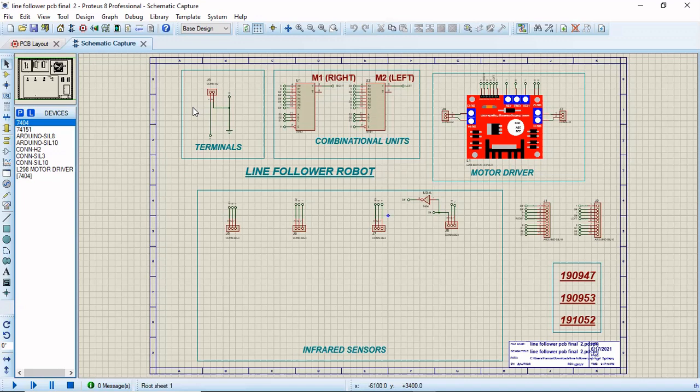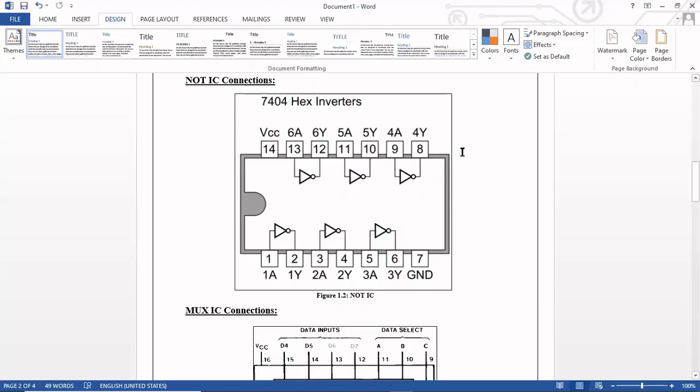So before coming to the schematic, we have to first discuss the connections of these ICs and the motor driver. So let's discuss their connections. These are the connections of the ICs and the motor driver that we are using.